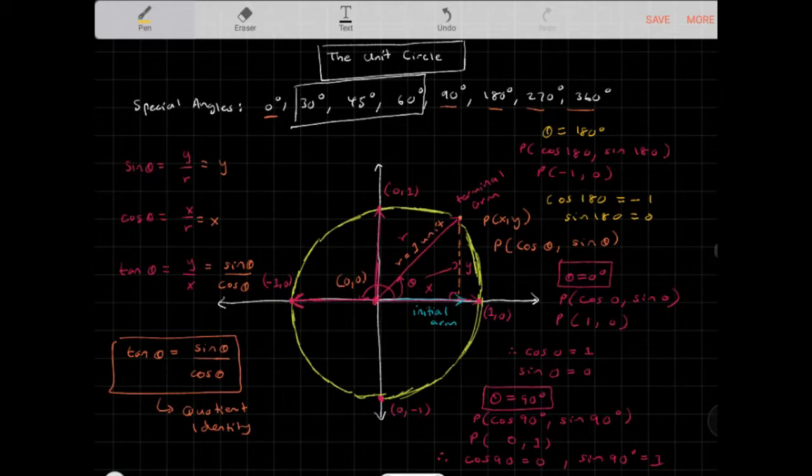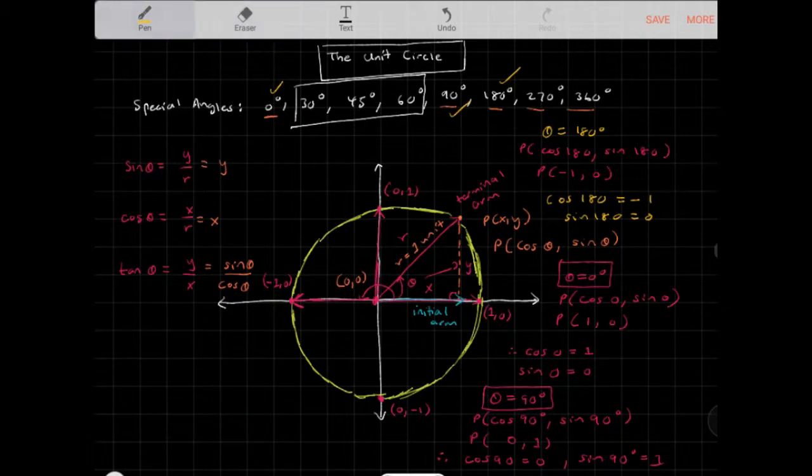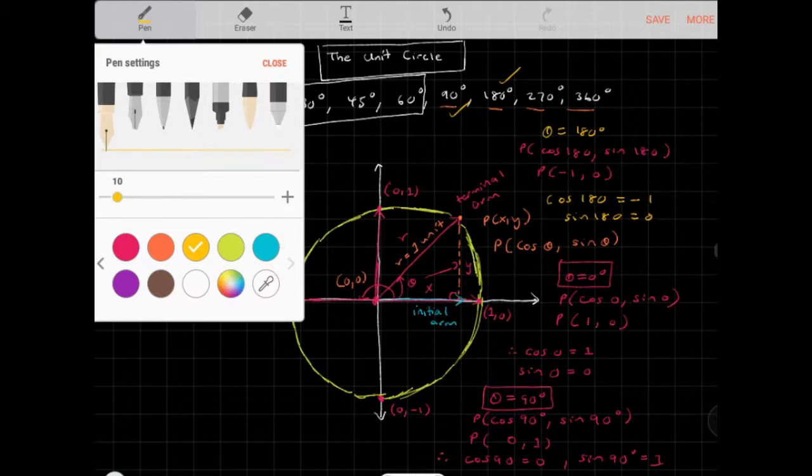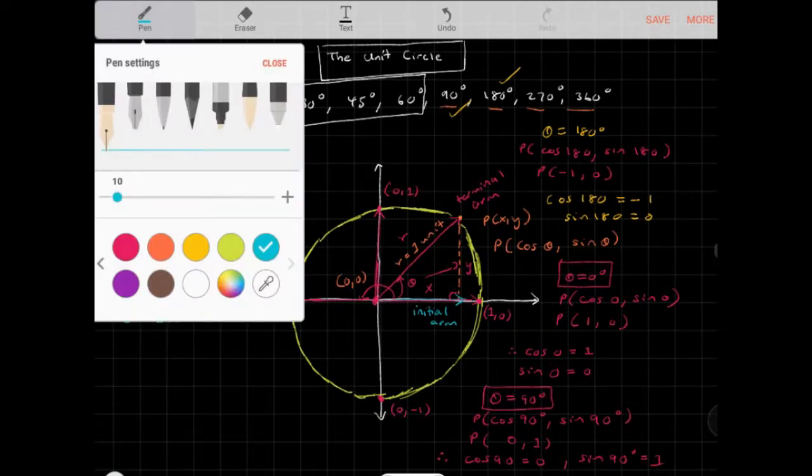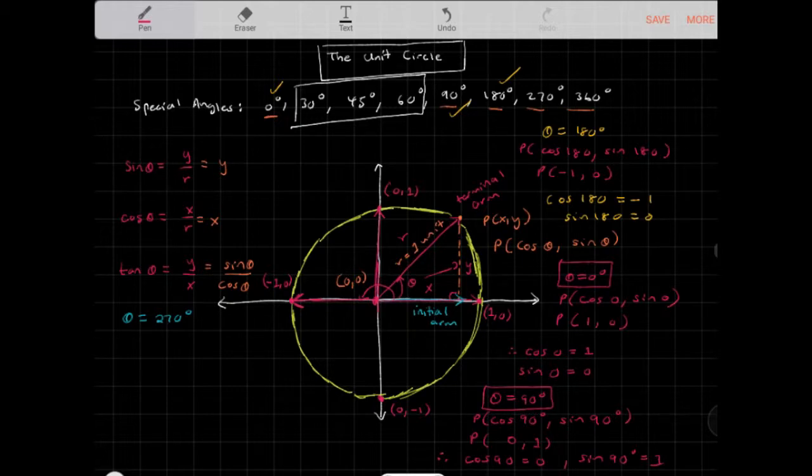Let's take a look at the next special angle. We figured out the values of 90 and 180, so let's look at 270 and 360. Okay, I'm just going to erase this, because we'll get back to that afterwards. But let's take a look at when theta is equal to 270 degrees. When theta is 270 degrees, our terminal arm can be located here.